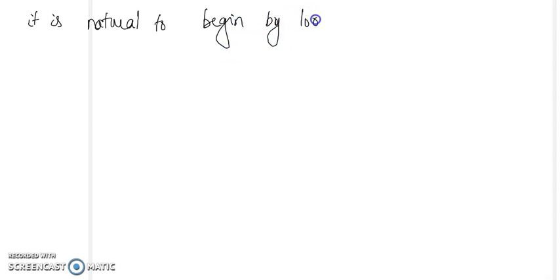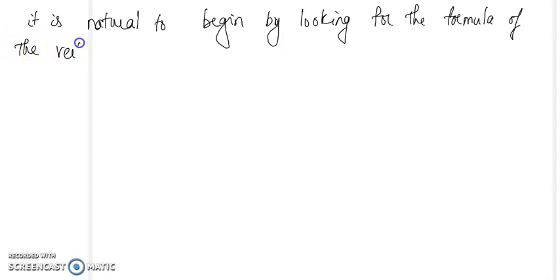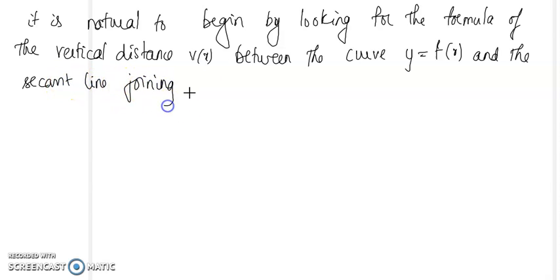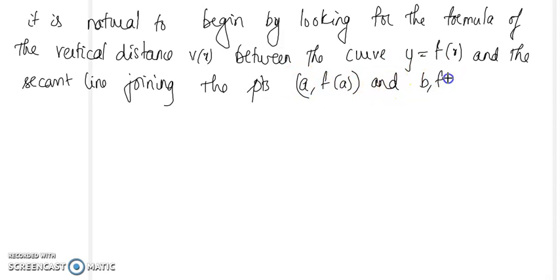So, thus to prove mean value theorem, it is natural to begin by looking for the formula of the vertical distance v of x between the curve y equal to f of x and the secant line joining the points a, f of a and b, f of b.